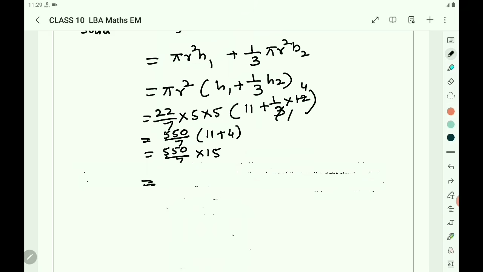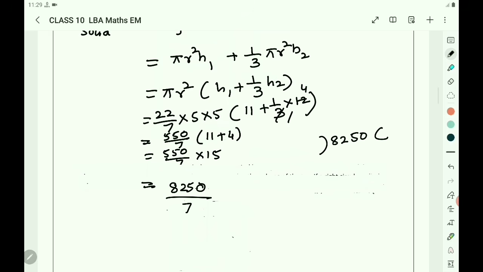550 into 15. 15 into 0 is 0. 15 5s are 75, 7 carry. 15 5s are 75 plus 7, 82. 8250 by 7. Now you divide 8250 by 7. 7 ones are 7. 8 minus 7 is 1. 1, 2. 7 ones are 7. 5 is remaining.